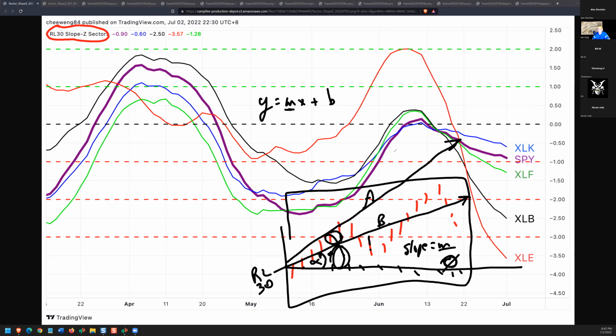And so what we want to do is compute the slope value every day for the last 180 days, and we can find out what that value is. And then we can find the maximum, the min, the average, and then the standard deviation.